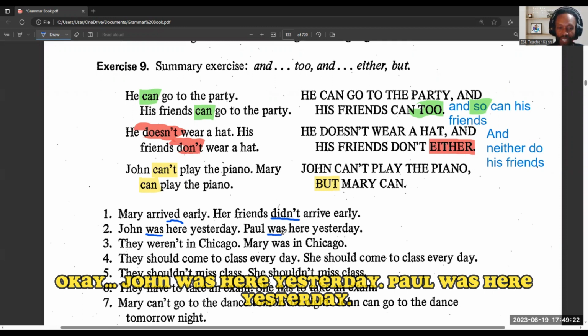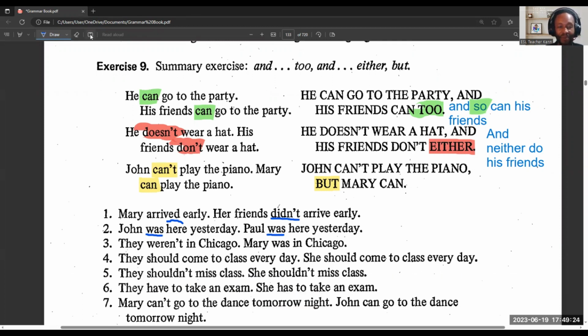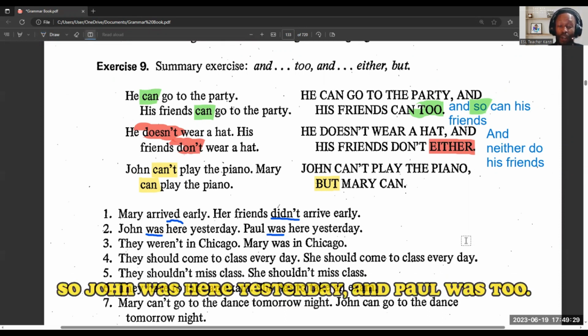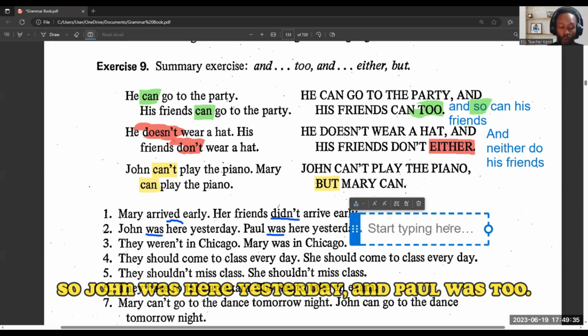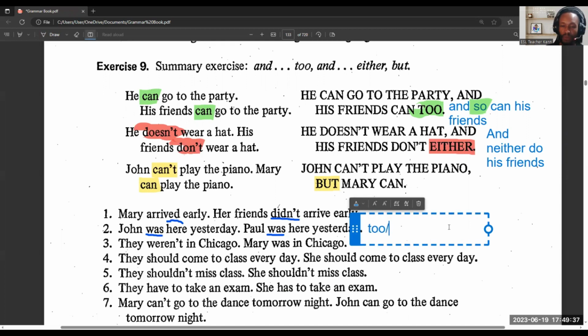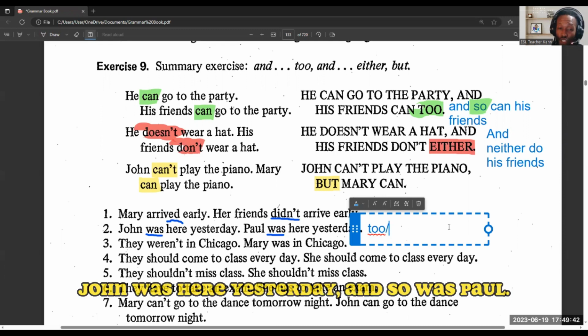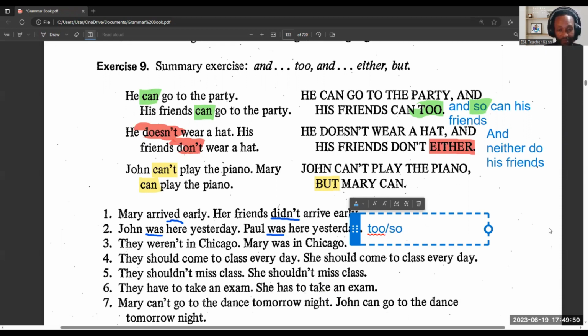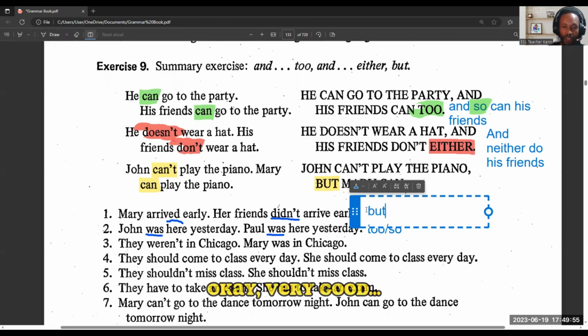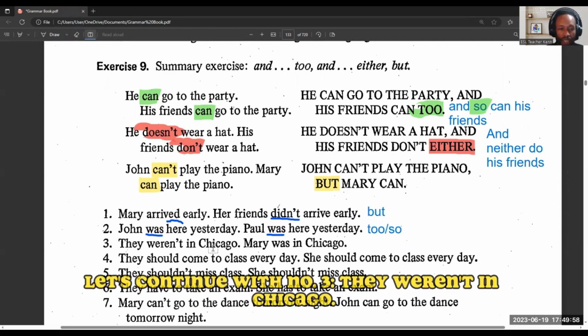Paul was here yesterday. So John was here yesterday and Paul was too. John was here yesterday and so was Paul. Okay, very good. Let's continue with number 3.